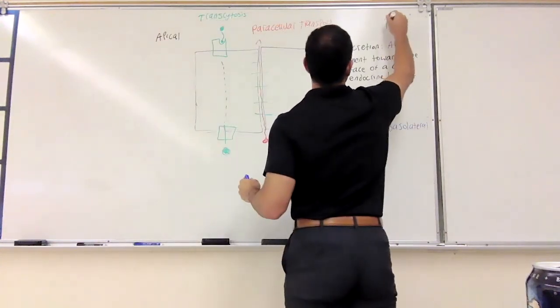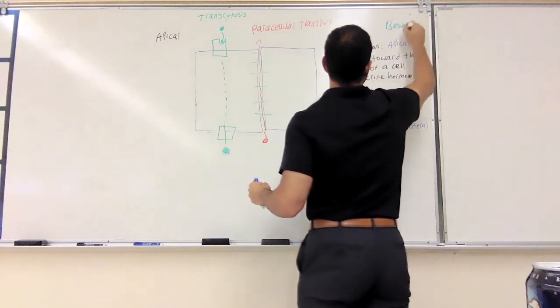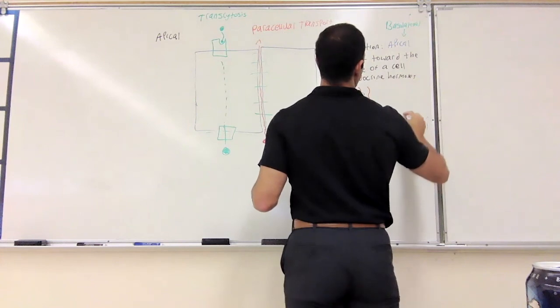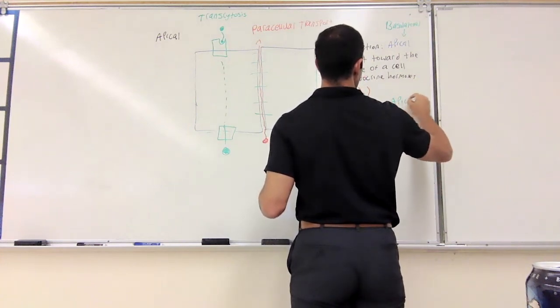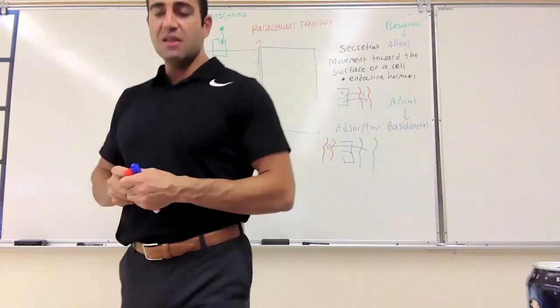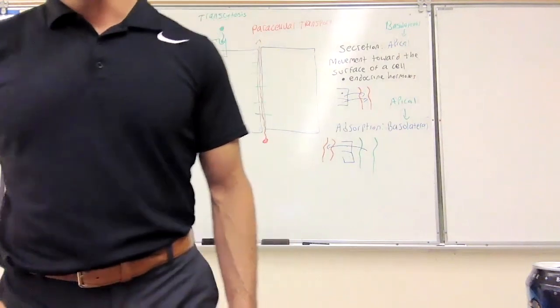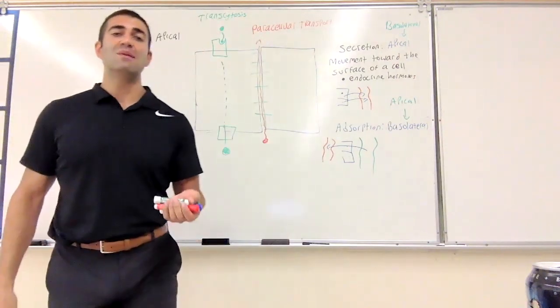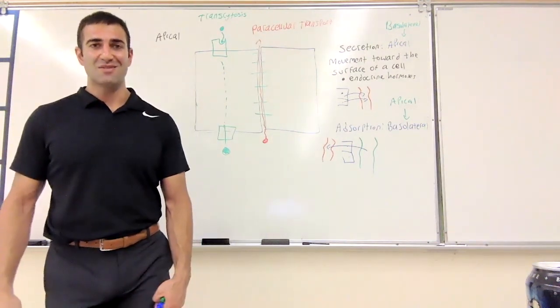So secretion goes from basolateral to apical, and with this one here, absorption is going to go from apical to basolateral. Now there's something else called excretion, which we'll talk about later on. Excretion is when something is eliminated from the body.